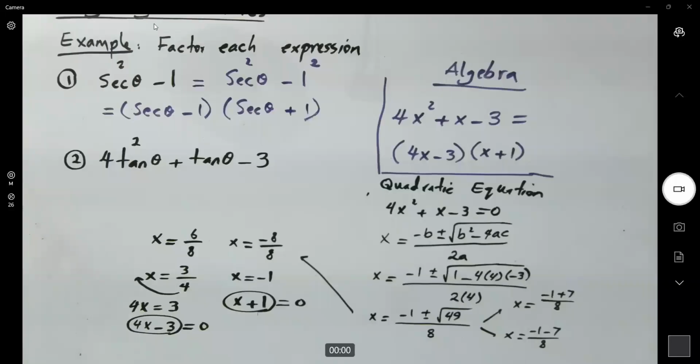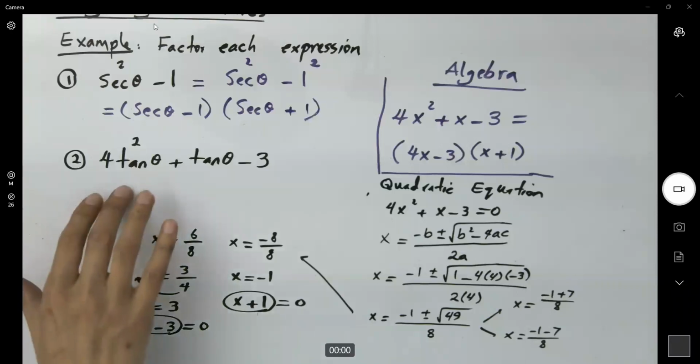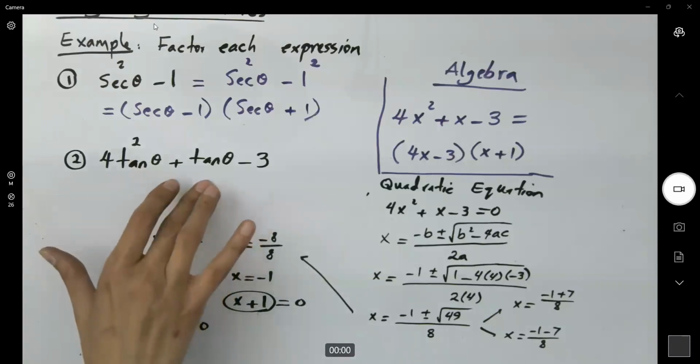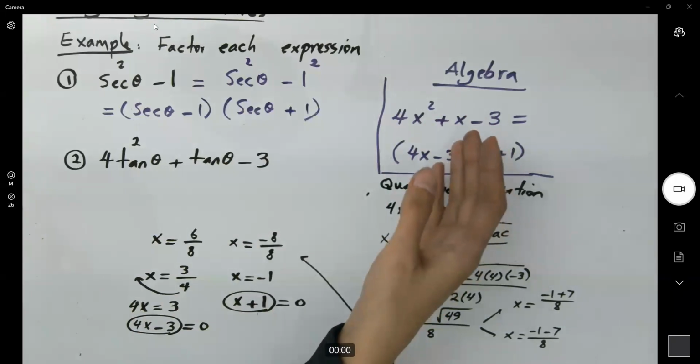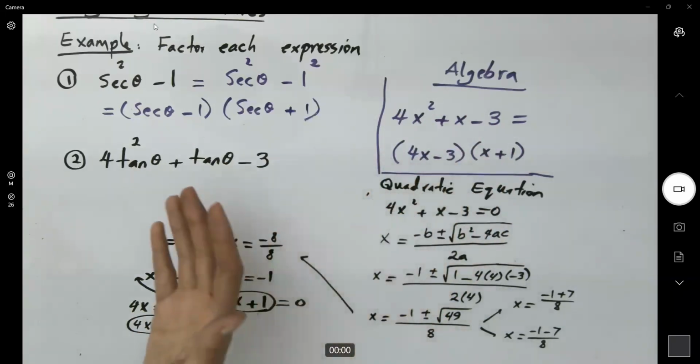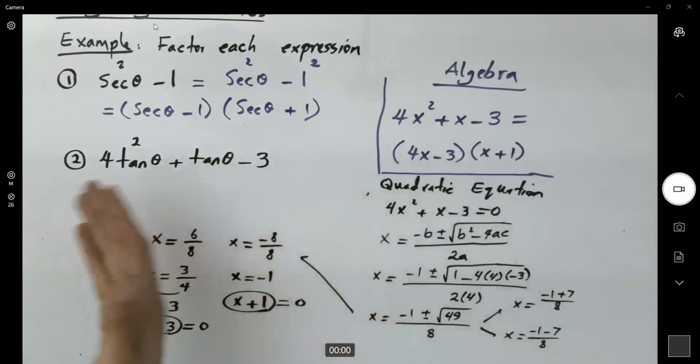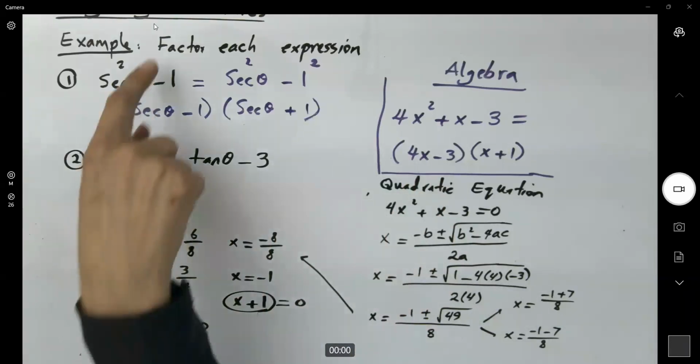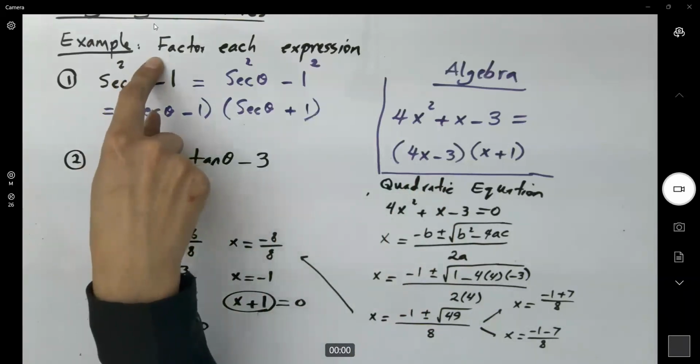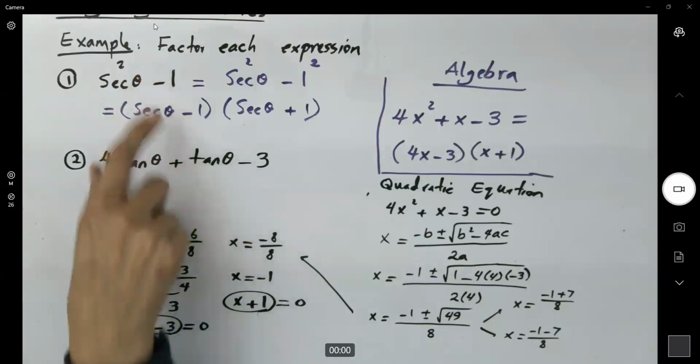So as you can see, here you have a trigonometric expression, but we are going back to algebra to use the skills that we learned before and solve for what is asked of us. For example, here it just says factor the expression.